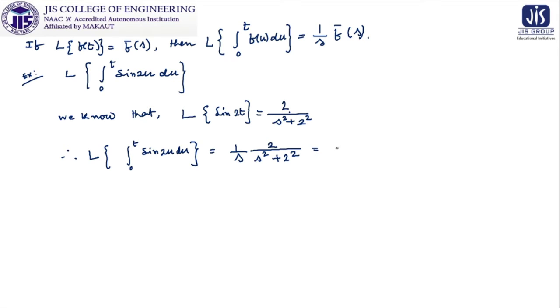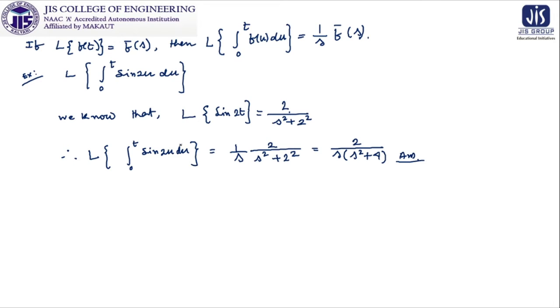Finally we can write it as 2 by s into s square plus 4, which is our answer. So simply we can find the result of this integration if we apply this particular formula.